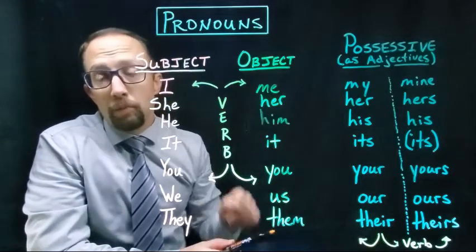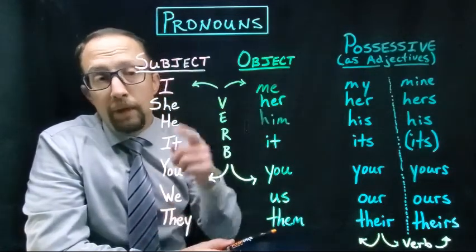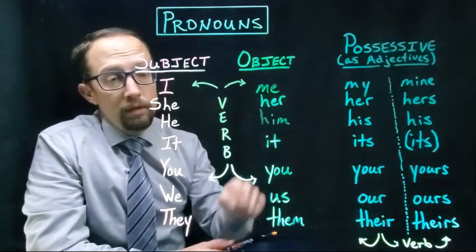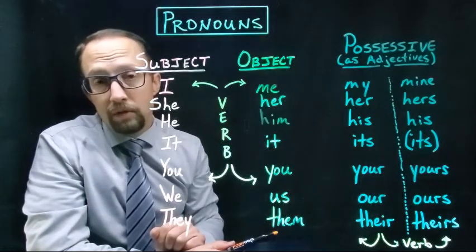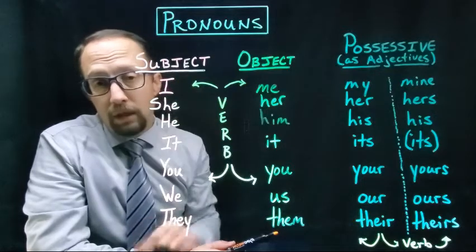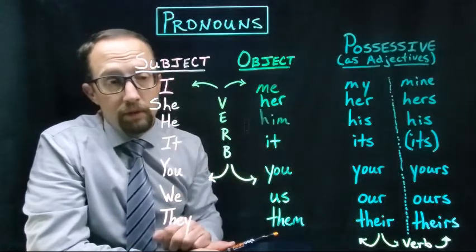Okay, so please pause the video. Make sure you write these in your notes. Write all of these in your notes. You can also take a picture with your cell phone, something like that.